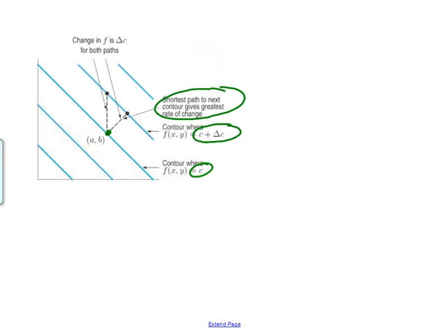The shortest path would be the greatest rate of change. Because if we think about it, with my green path and my red path, my change in z is the same, but on the green path, I didn't have to go as far to have an equal z change as I did along this red path.